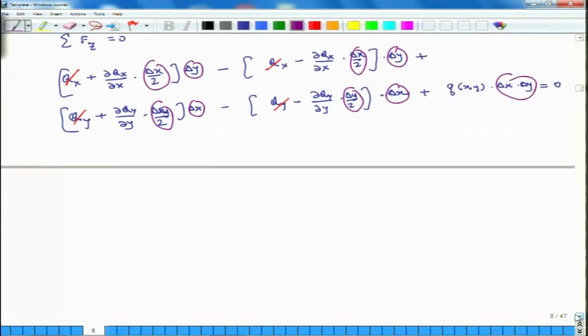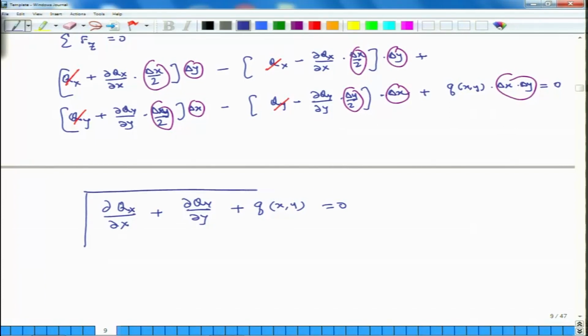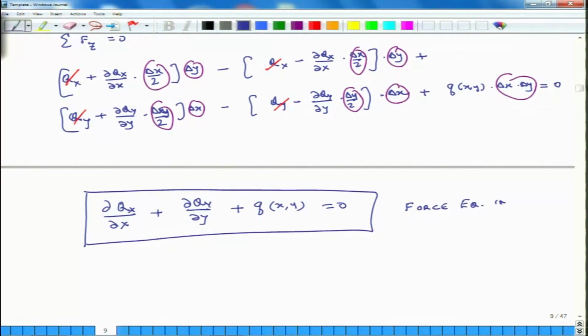So, the equilibrium equation for the z direction becomes del Qx over del x plus del Qy over del y plus Q of xy is equal to 0. So, this tells us about force equilibrium in z direction.